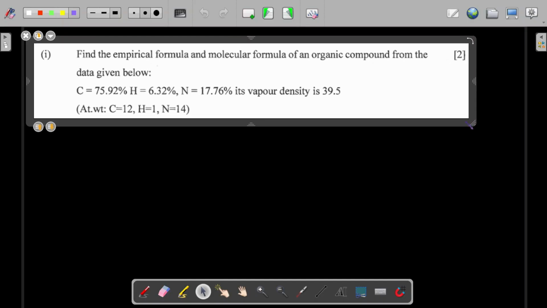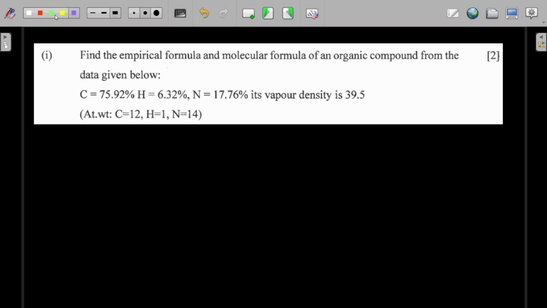This is the most important. Either they will give you Gay-Lussac's law or this one. Most of the time, any one of these two will be given. Whenever they give you these kinds of questions where you have to find the empirical formula or molecular formula, it is given 2 marks here, but usually 3 marks, sometimes 4 marks.